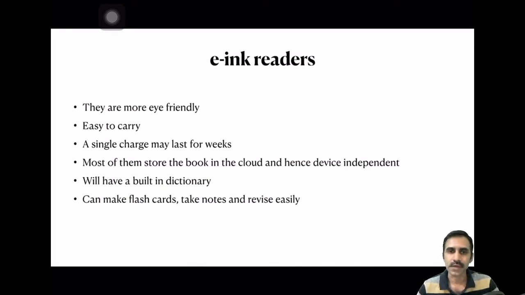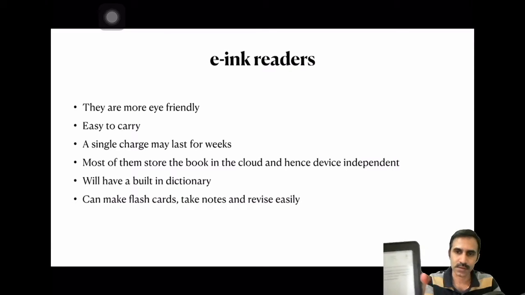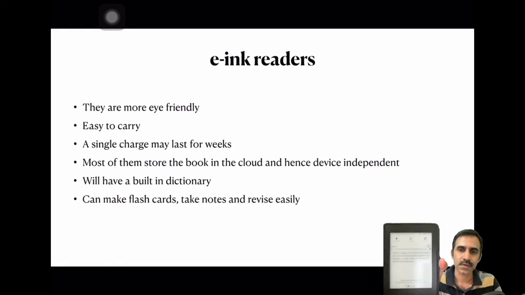So what are e-ink readers? E-ink readers are a special type of electronic reader which uses special e-paper technology, in which light does not come from the screen onto your eyes. You can see that it reflects only your ambient light.